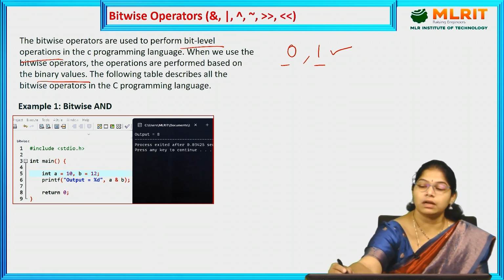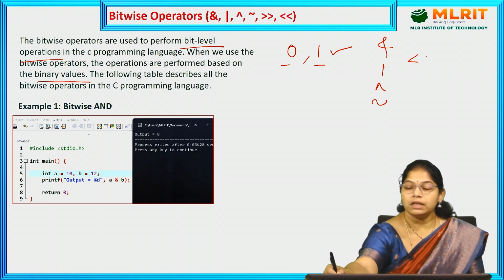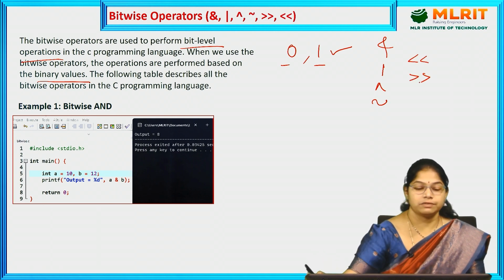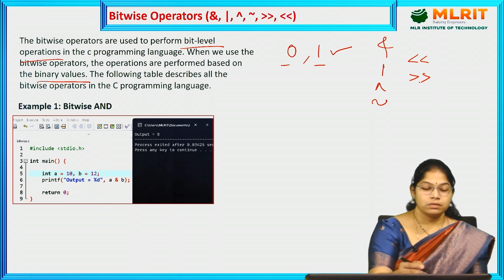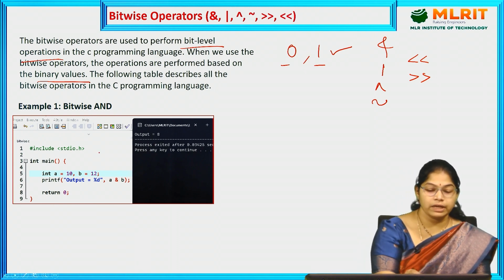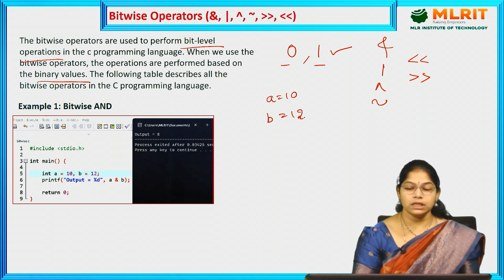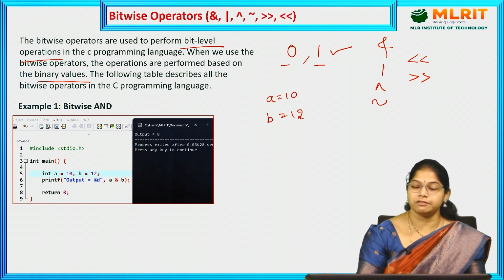Bitwise operators are bitwise AND, OR, XOR, NOT, left shift, right shift. So bitwise AND. Here we consider the example as A equal to 10, B equal to 12. Convert these two values into binary first.